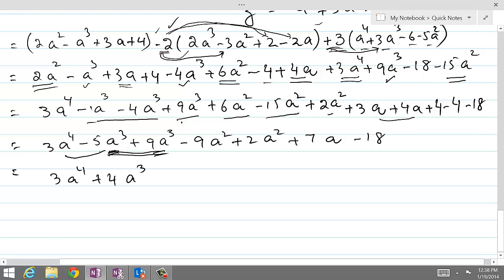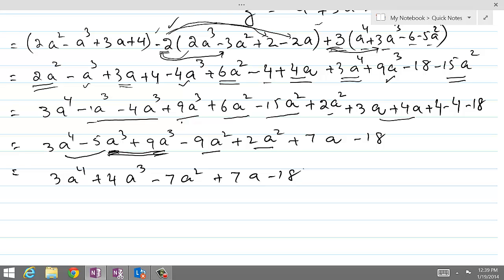Minus 5 and plus 9 will give us plus 4a cube, and minus 9a square plus 2a square will give us minus 7a square, and plus 7a minus 18. So this is how you can calculate the difference. In fact, if you want to calculate q minus p, it's simply like adding the additive inverse of p.